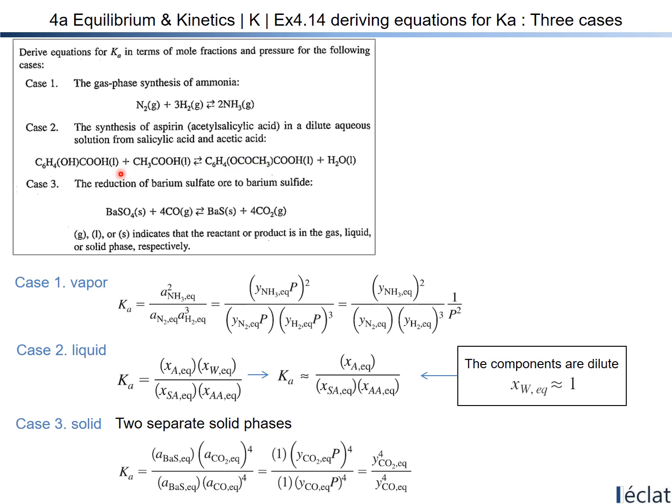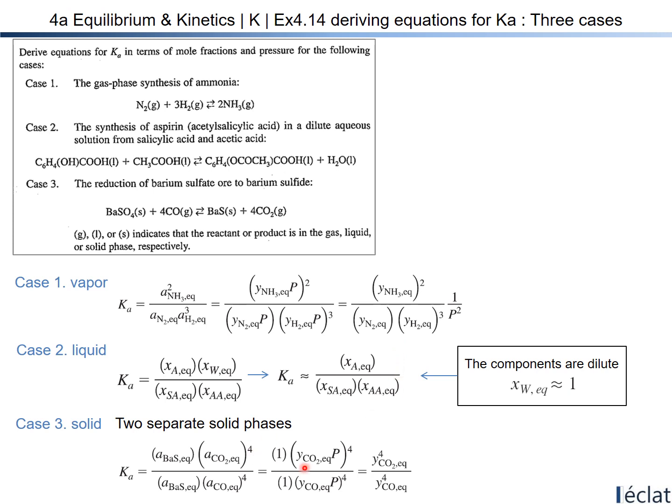This is for aspirin, this is for the water, the other thing is SA, salicylic acid, and the other is acetic acid here. So everything is liquid, but you should recognize that the activity of the solvent molecules is assumed to be 1. In this case water is the solvent, so its activity is 1.